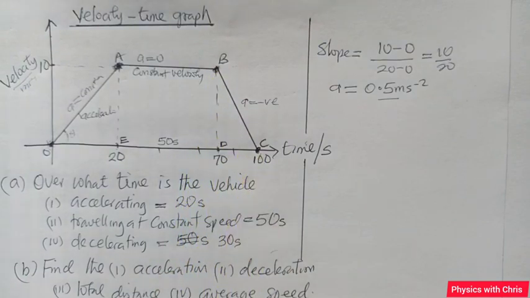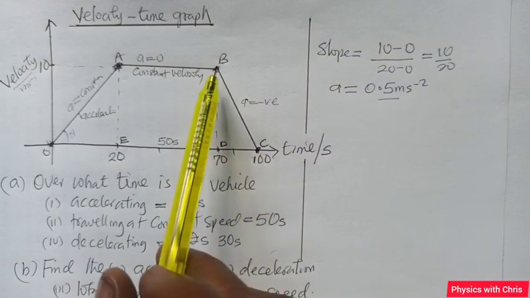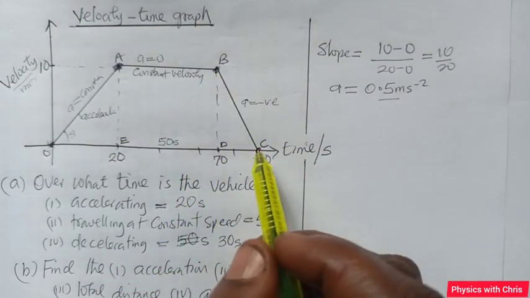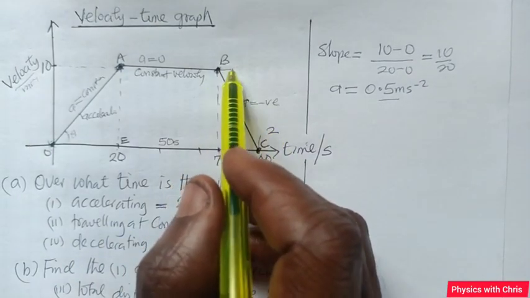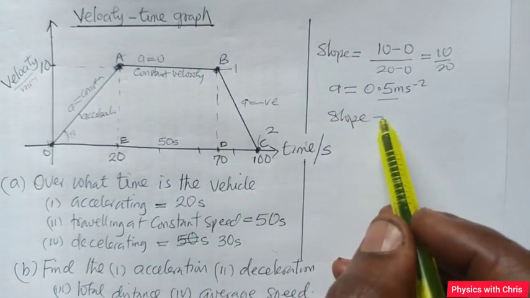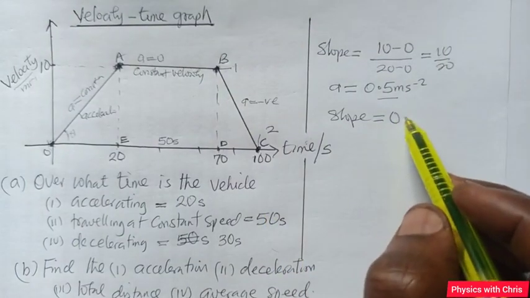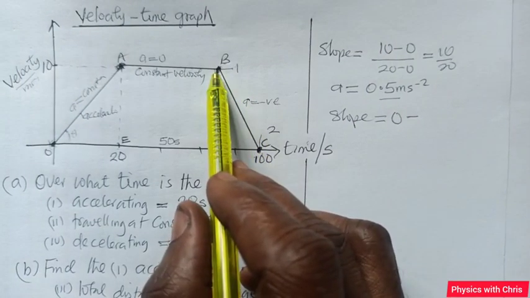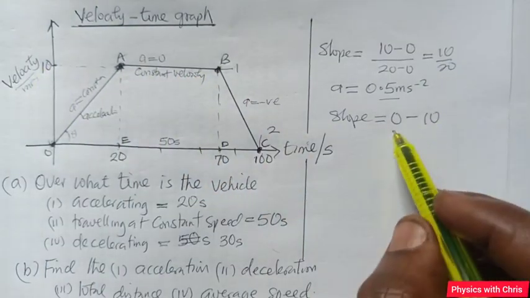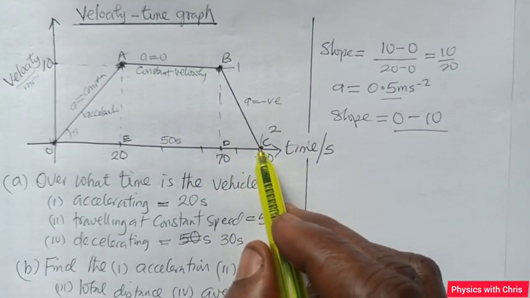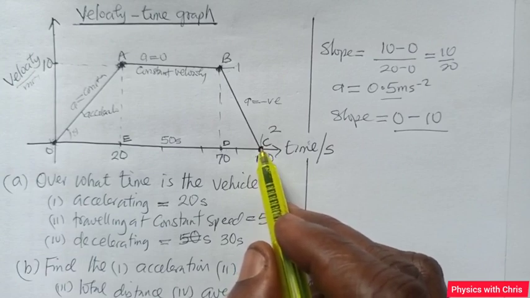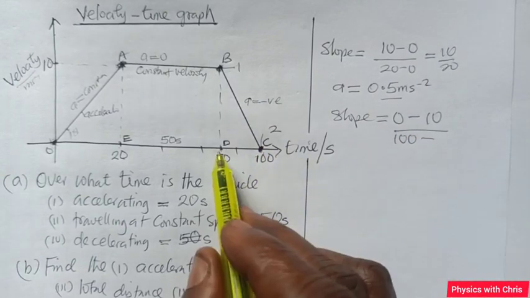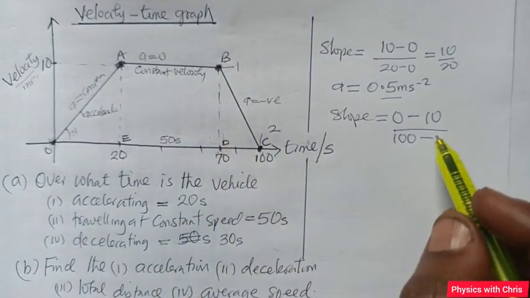Line BC can be used to find our deceleration because the body decelerates over this time, 30 seconds, from B to C. So I can take point C as my point 2 and point B as my point 1, so that my slope of line BC is 0 minus 10, because V2 at point 2, my final velocity, is 0 and the initial velocity V1 is 10, over T2, which is 100, minus T1, which is 70.